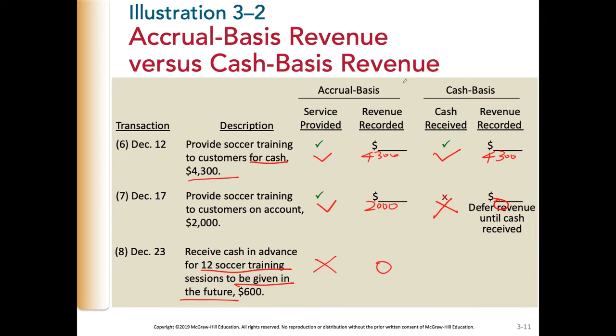But what if we use cash basis accounting? We already received $600 to be given, so we already have the cash in advance. So on the cash basis, this is considered revenue, and we record $600 here.